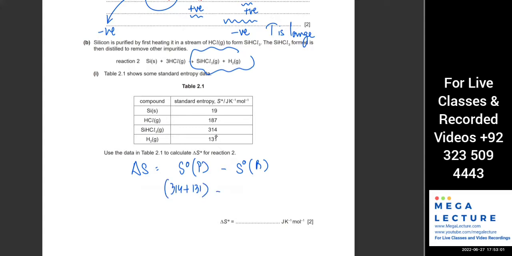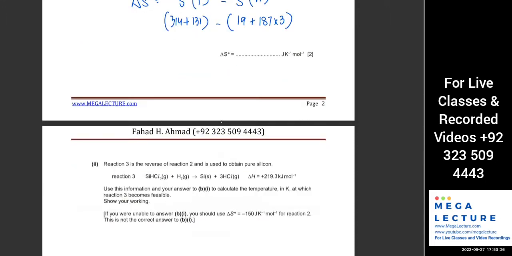And my reactants are, so what are my reactants? My reactants are silicon, that's 19, and the other one is HCl, and 3 of them. So that's 187 times 3. So you just find the value, which probably is already calculated somewhere.